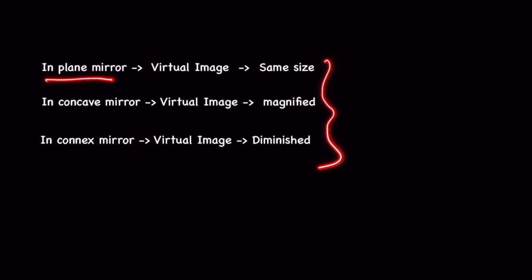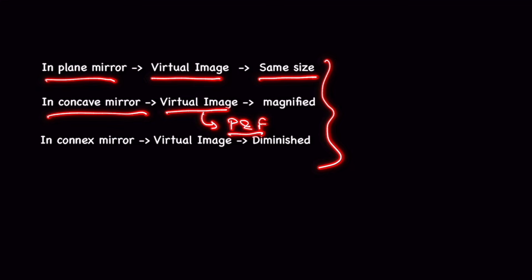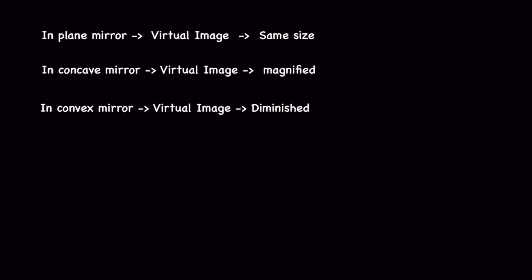In plane mirror, always a virtual image is formed, but the size of the image is the same as the size of the object. In concave mirror, a virtual image is only formed between P and F, and its nature is magnified. In a convex mirror, always a virtual image is formed, but it is diminished. So generally, based on this concept, a 1 mark question comes in the board exam.